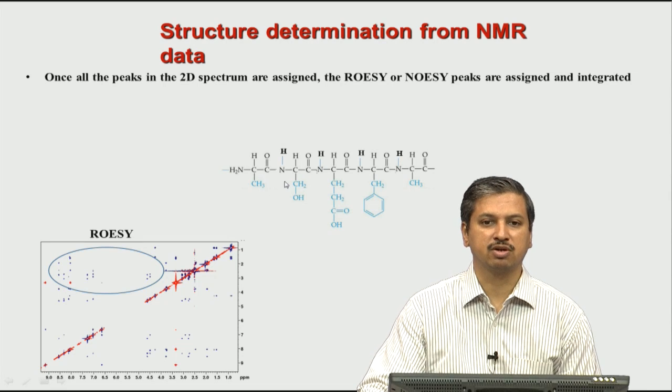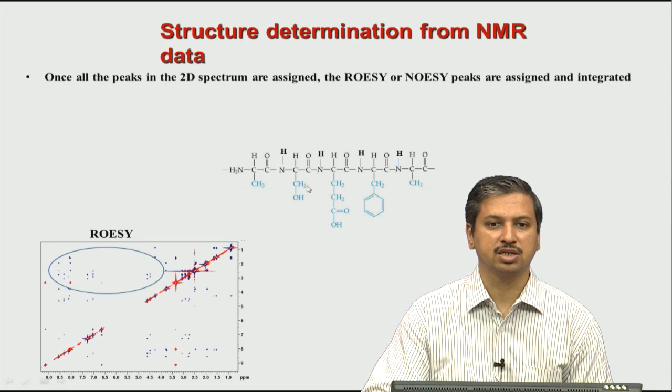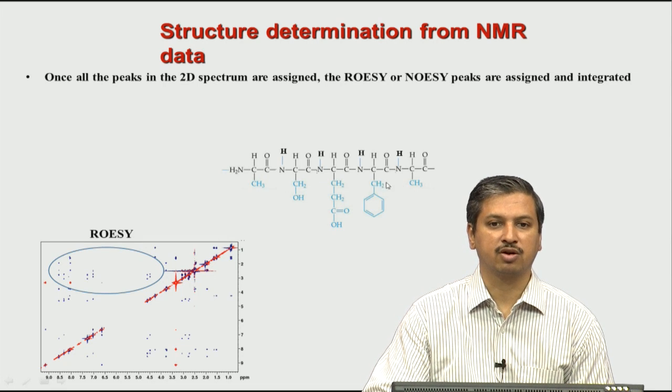If you look at this sequence here, an arbitrary sequence, I may see different correlations between different atoms. So, let us classify these correlations. Number 1: suppose you see a correlation between atoms in the same amino acid. This is alanine, and within alanine we see, let us say, a correlation between H alpha and H beta, somewhere in this spectrum.